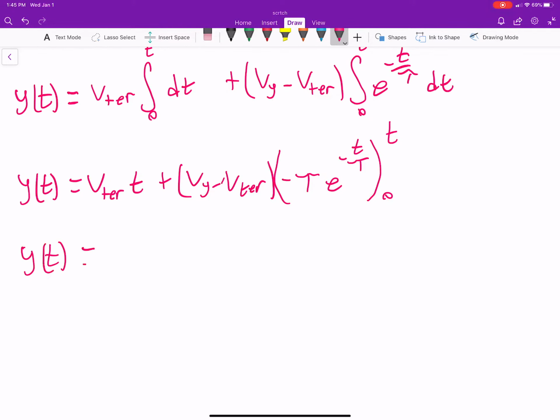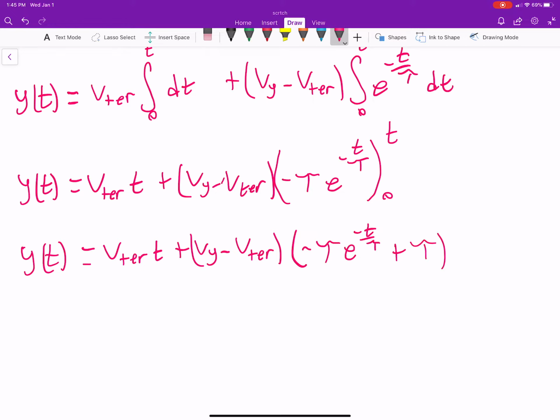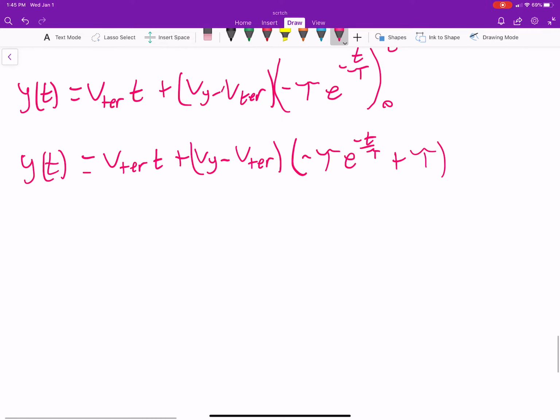So if we were to go ahead and do the second part of the fundamental theorem of calculus and evaluate that, which we'll do here. Let's see. We get minus tau e to the minus t over tau plus just tau, because e to the 0 is 1, and it's f of b minus f of a, so the negative turns into a positive.